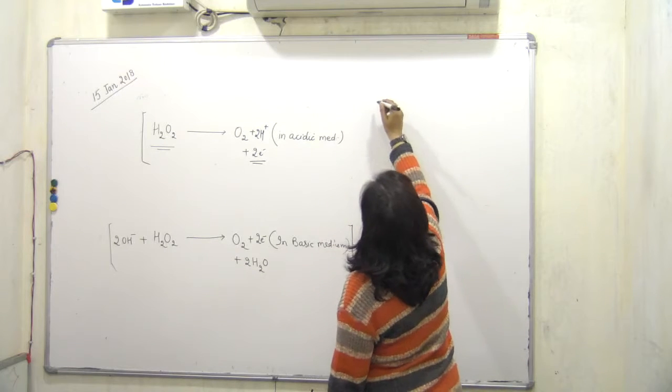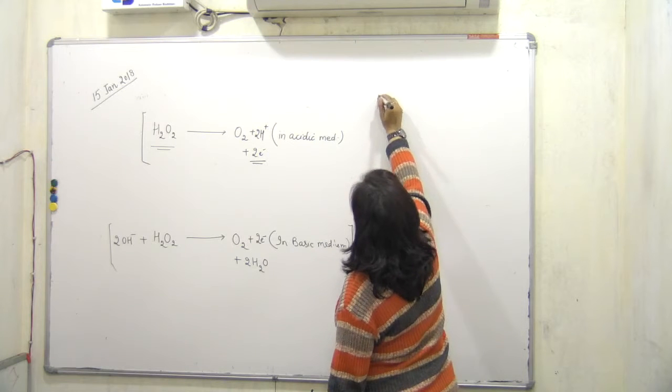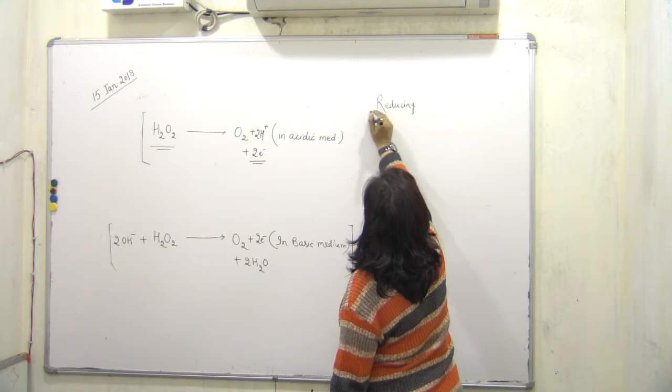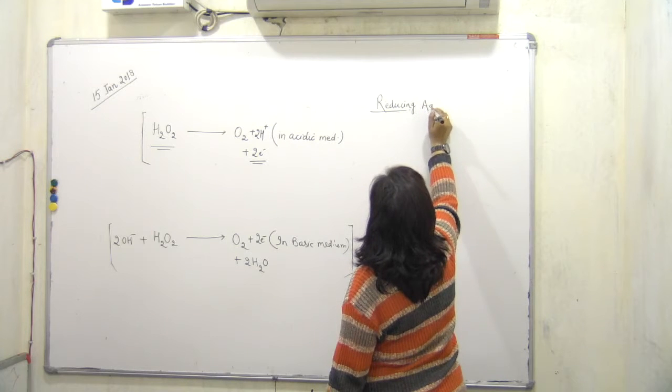When we see oxidizing properties and reducing properties, the reducing agent means it can reduce few species.